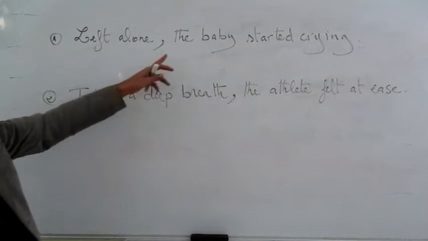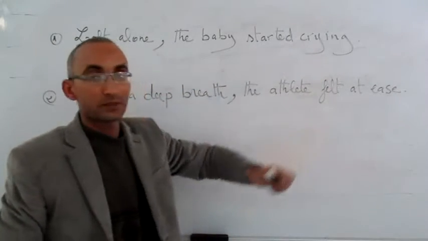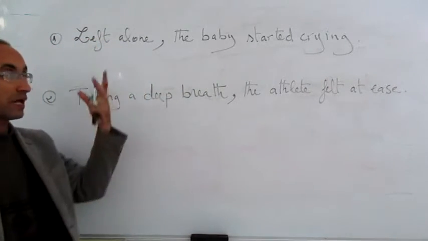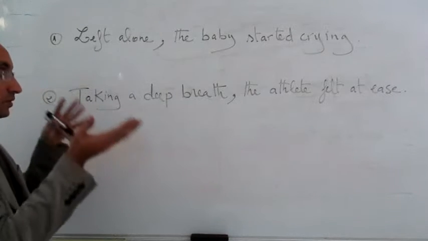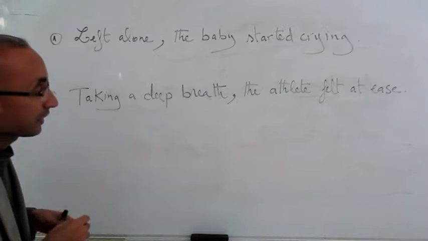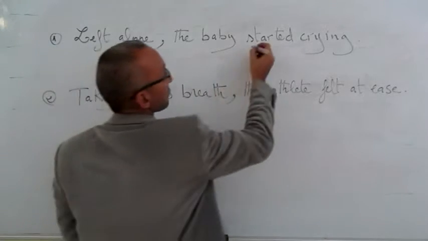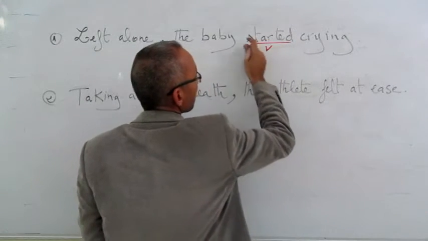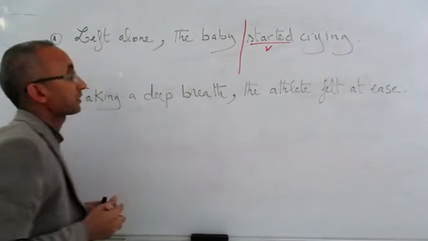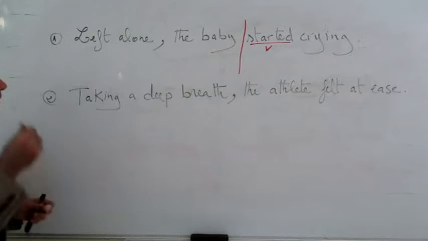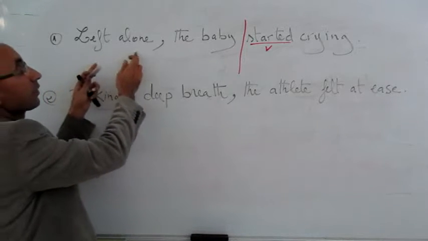Left alone, the baby started crying. Here I have another simple sentence which consists always of the subject and predicate. Let's trace our verb, which is started. Okay, to put here the slash between my predicate and my subject. Good. I have left alone.